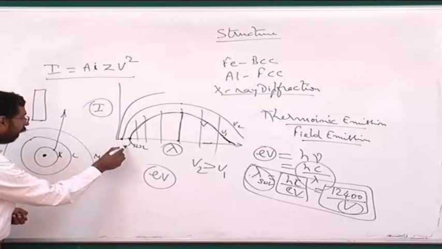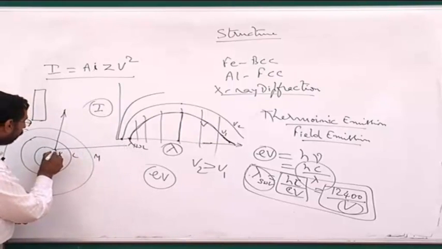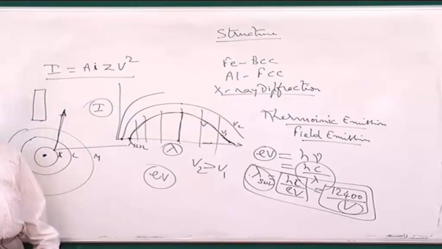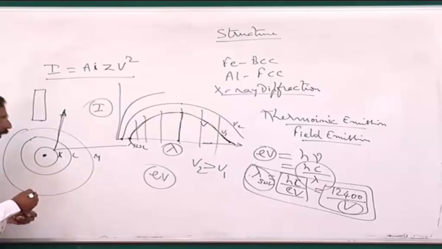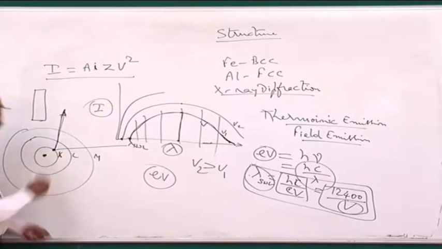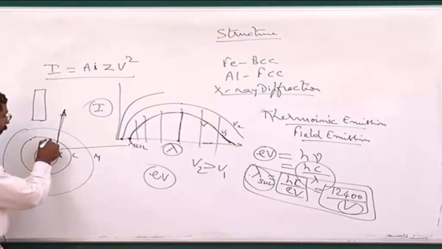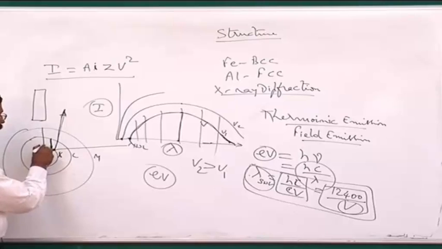So the electrons which are coming here can knock off this particular electron from a K shell, let's say. If it has sufficient energy, then what happens is there is a vacancy that is generated here. And once a vacancy is generated here, an electron from a higher shell can fall either from here or from here.